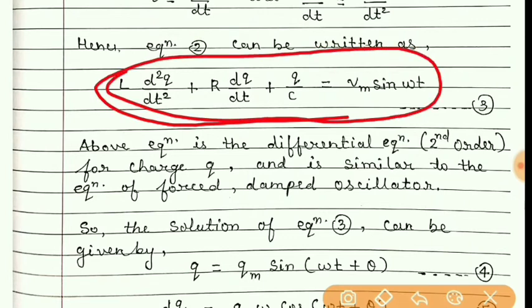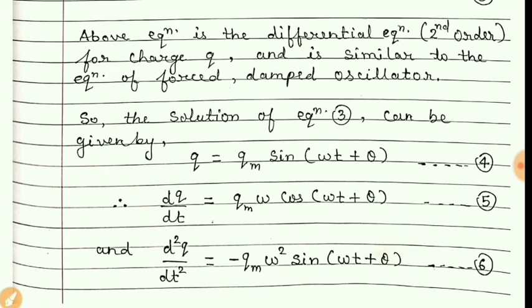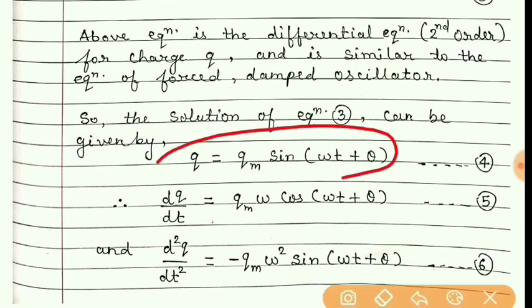If there is a linear equation, then also it has a solution, that you have studied in 10th standard. If there is a quadratic equation, then also it has a solution, and we know that for a quadratic equation we get two solutions. Similarly here, this equation for the LCR circuit is this, and its solution is given by this in terms of charge.